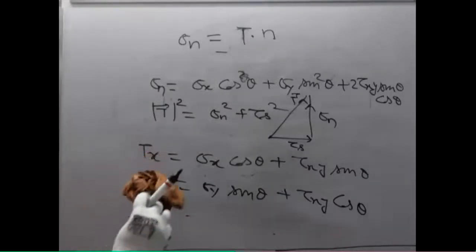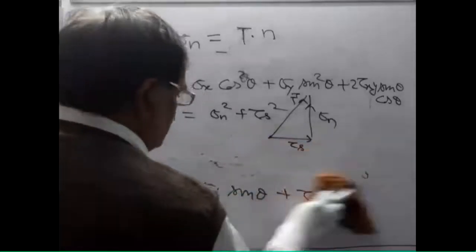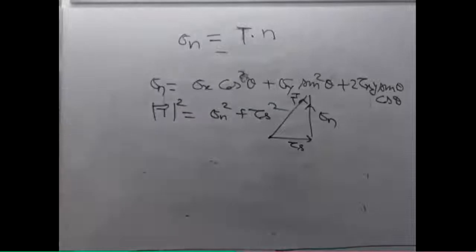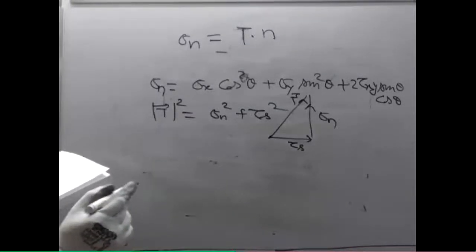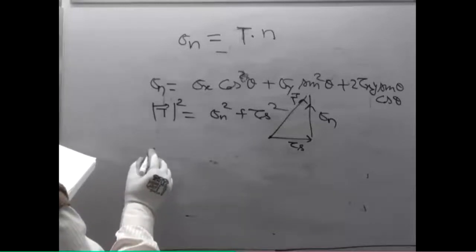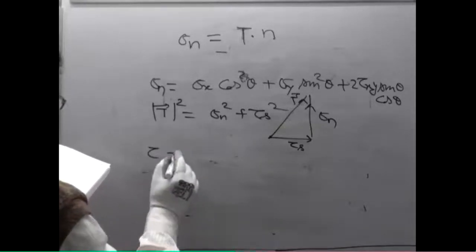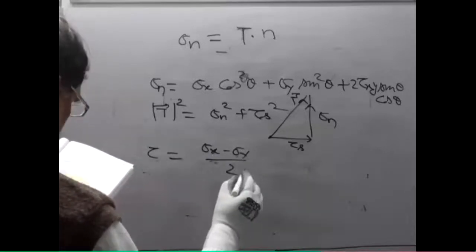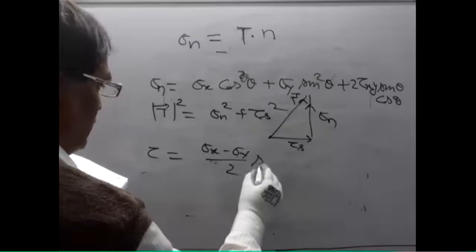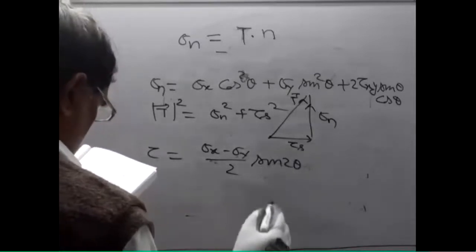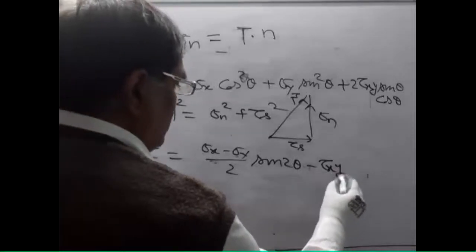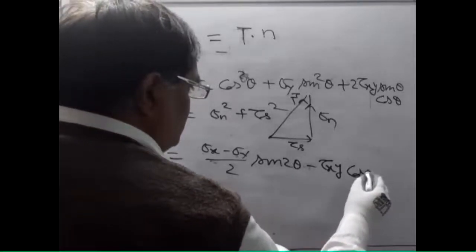So if you do the calculation for the tau s, then you should get tau is equal to sigma x minus sigma y by 2 times sin 2 theta and the minus tau xy cos 2 theta.